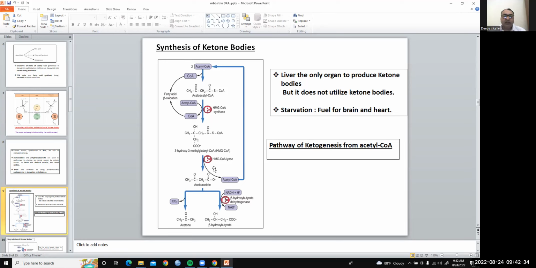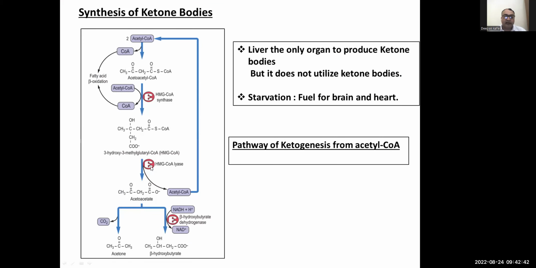After the formation of HMG-CoA, HMG-CoA lyase will cleave it to acetoacetate, and now from this acetoacetate, two more ketone bodies will be generated. They are acetone as well as beta hydroxybutyric acid.